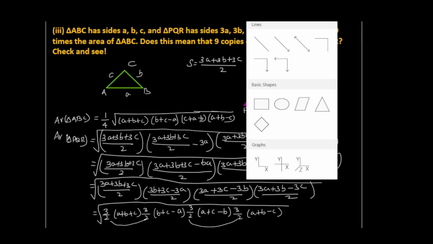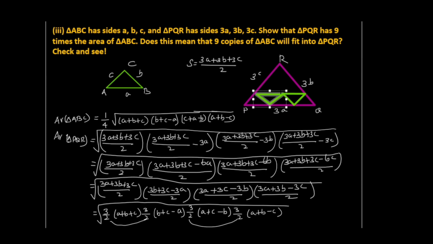Then one more triangle. So totally we can see 9 triangles here.